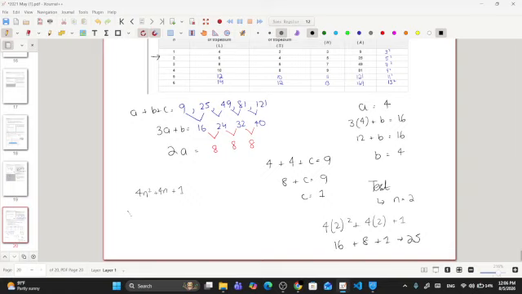For the verification part, in order to verify this it can be solved in this way.